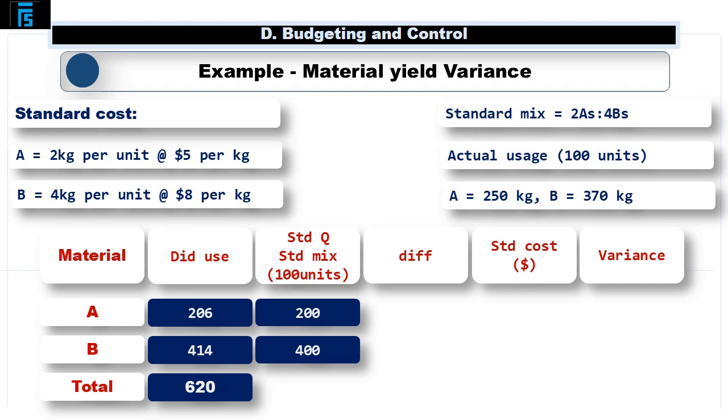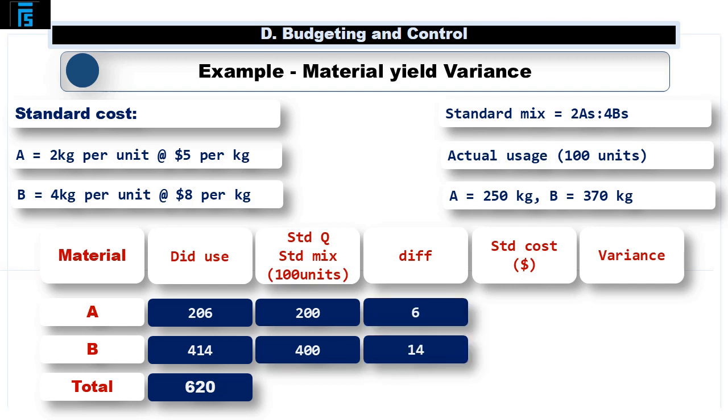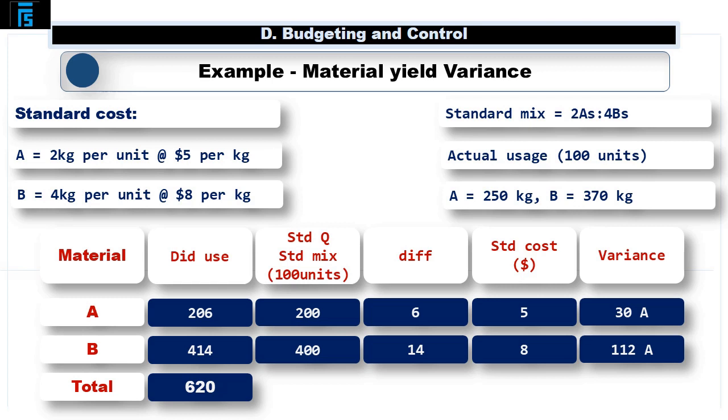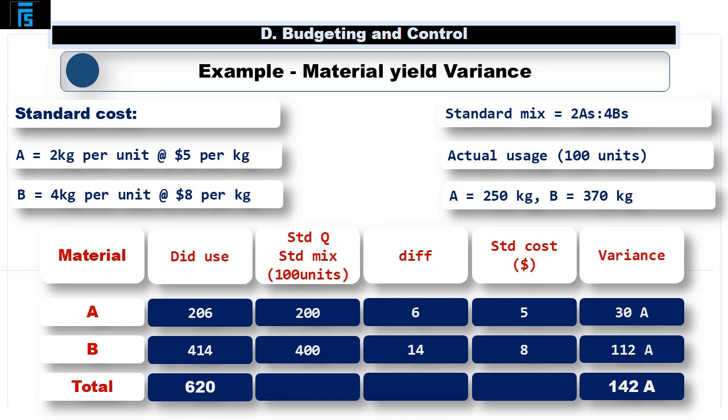This gives rise to a difference of 6 kilograms for A and 14 kilograms for B. In both cases we have used more than expected, so the variances will be adverse. Multiplying these material volumes by their standard cost gives us a $30 adverse variance for material A and a $112 adverse variance for material B, and an overall yield variance of $142 adverse.